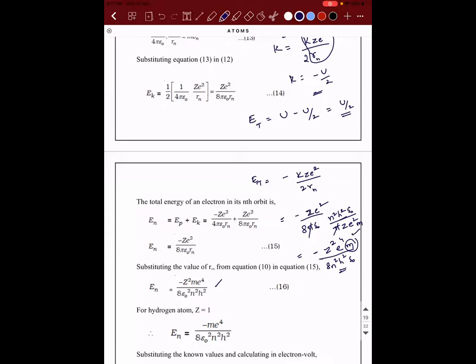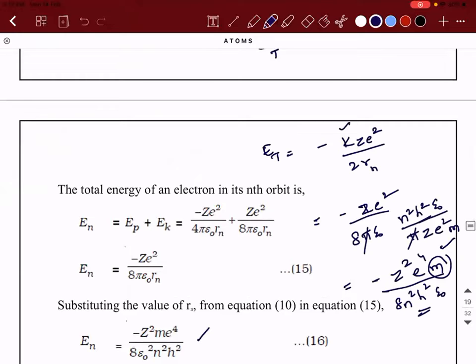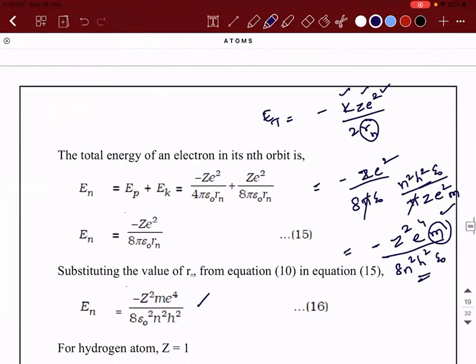In case, sir, for kZe by 2Rn, that's kinetic energy. So there, k is 1 by 4 pi epsilon naught, Z is the atomic number of that particular atom, e is the charge of the electron, and Rn is the radius of the nth orbit. Are you able to understand? But sir, if it's kinetic energy, it's half mv squared.